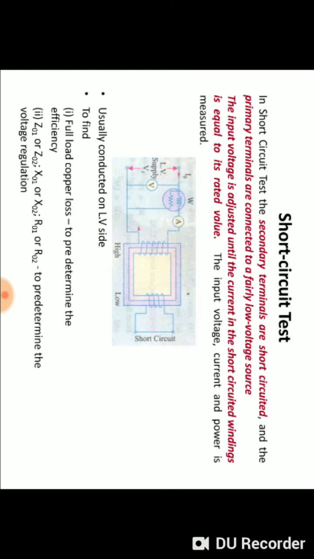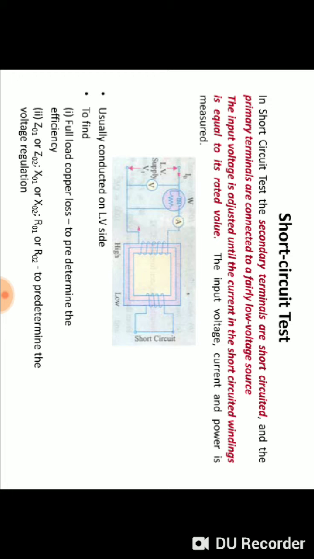Whereas in case of the short circuit test, the two ends of the secondary windings are shorted and rated current is assumed to flow through the secondary side. So a very small or negligible amount of voltage is applied at the primary, because of which rated current flows through it.